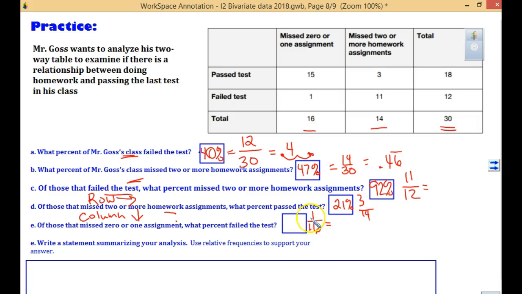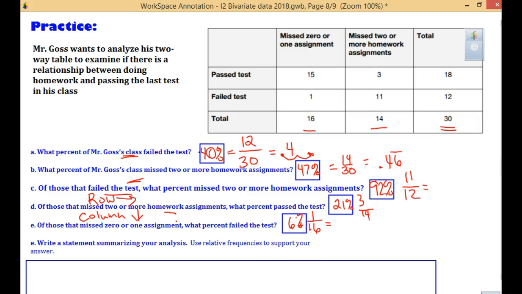If we are looking, Kara, at the 1 divided by 16, what did you end up with? You take 1 and divide it by 16. 0.06, right? So we'd say about 6%.